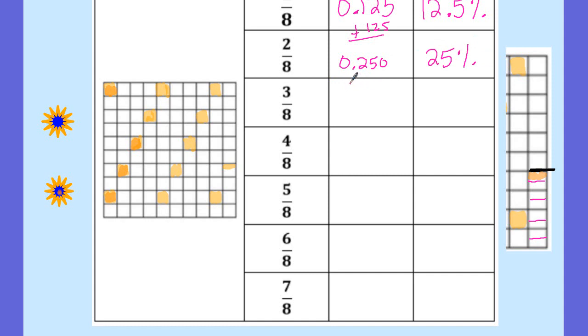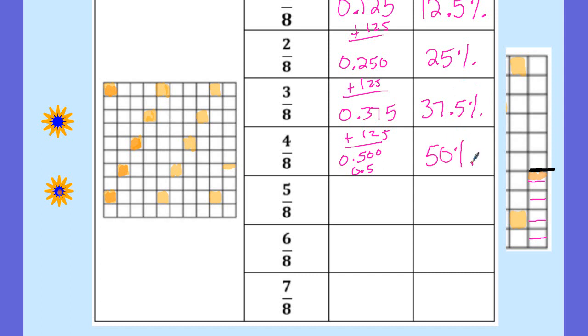For 3/8, I do the same thing. I add another 125, and it's going to give me 375 thousandths, which is 37.5%. Add another 125, and it's going to give me 500 thousandths. You could drop the zeros and list it just as 5/10 if you wanted to. The percent, if I add another 12.5%, I get 50%.